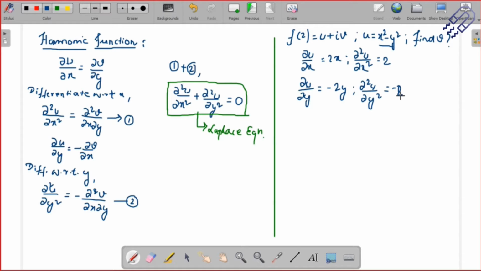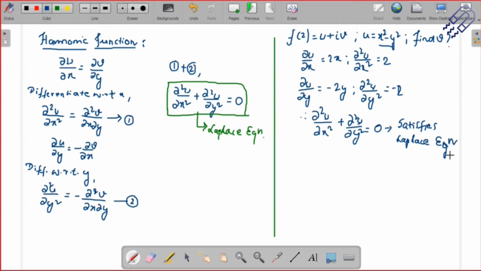So this is plus 2, this is minus 2. You add them up, you get 0. That means it satisfies the Laplace equation, right? So you can say del square u del x square plus del square u del y square is equal to 0, and you can conclude that it satisfies the Laplace equation. Once it satisfies the Laplace equation, you can also find out the value of v.